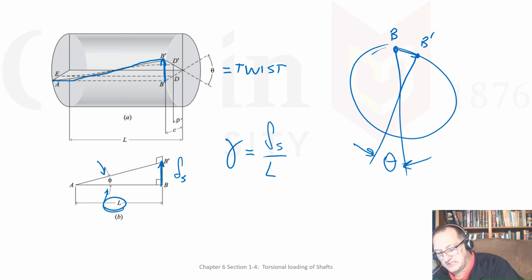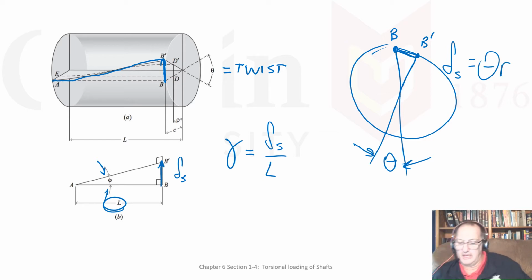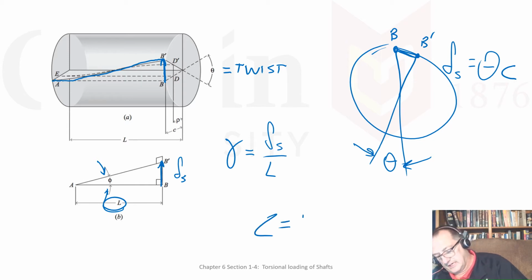So this distance delta S is also equal to theta times R, but we're not going to call it R. We're going to call it C, where C is now the distance to the extreme fiber.